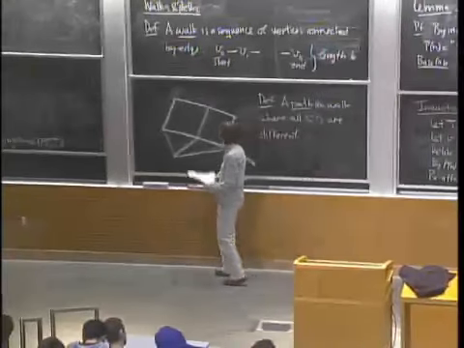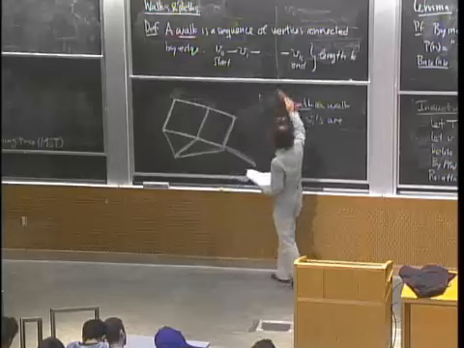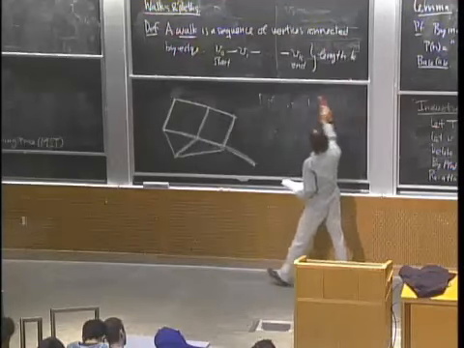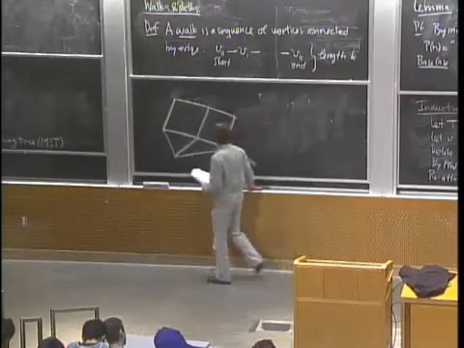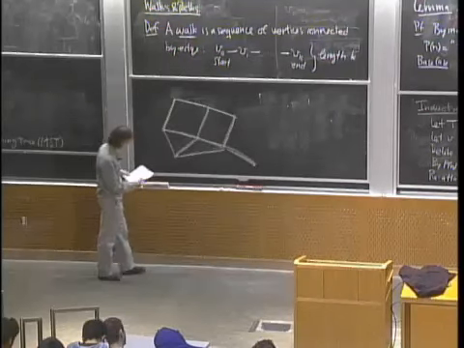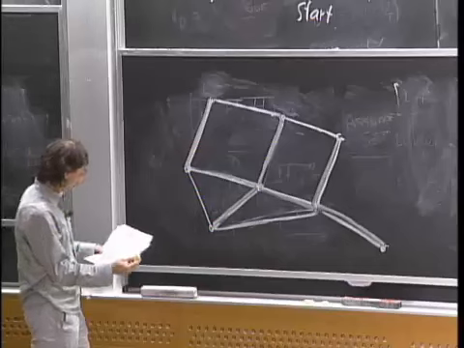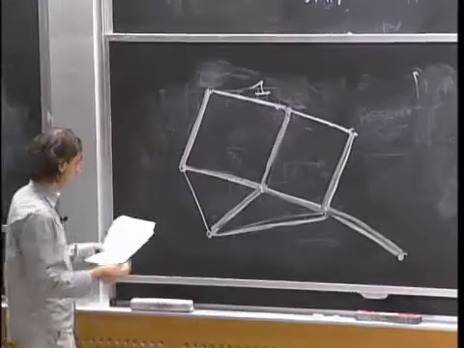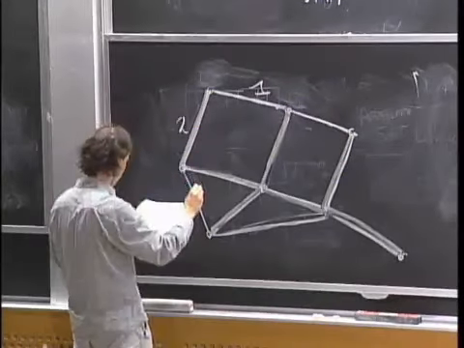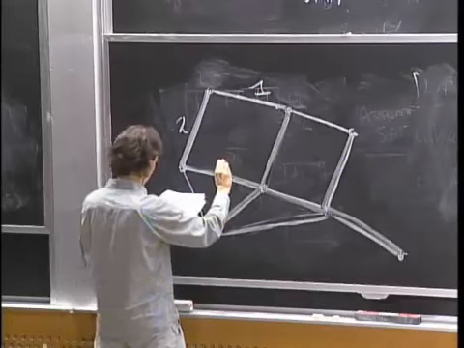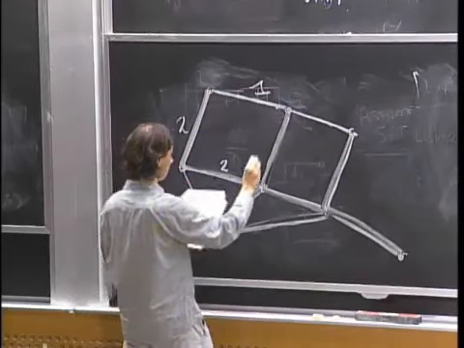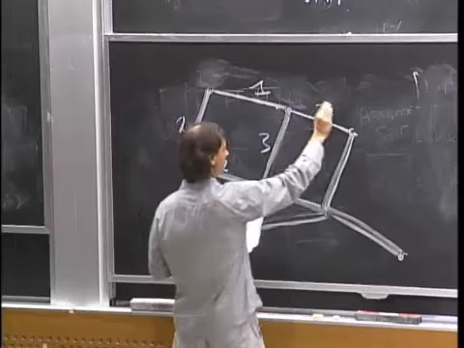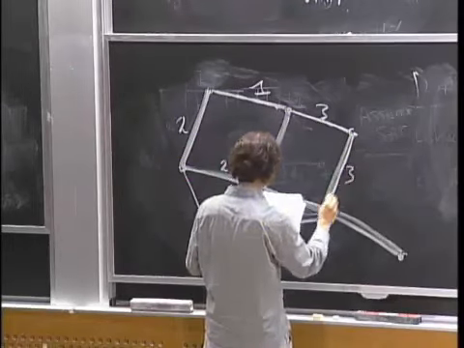So let's use this picture over here and assign some weights to this graph. So for example, we have 1, 2, 3, 3, 3.